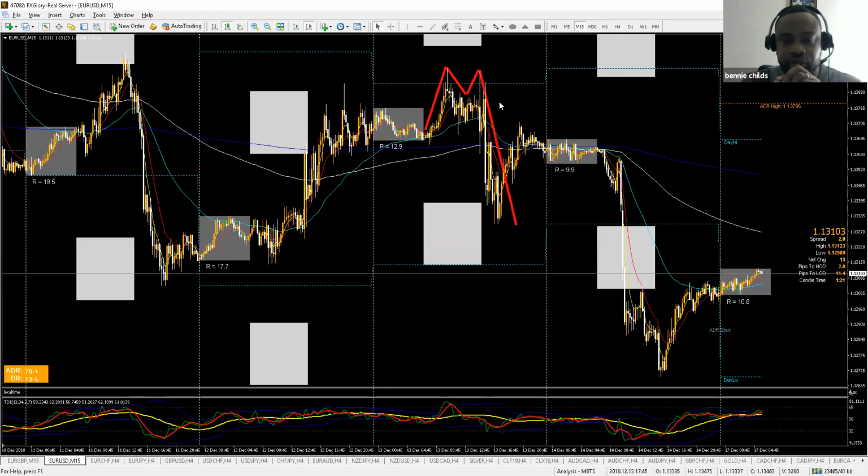So you're looking for the market to have gone up, come down, gone up again, and now you're looking for a signal to get in. Where's our signal to get in? This candle right here. It's another engulfing pattern, right?